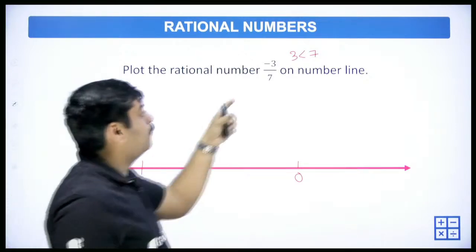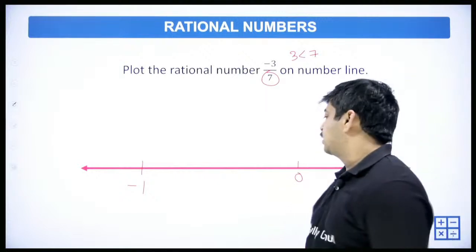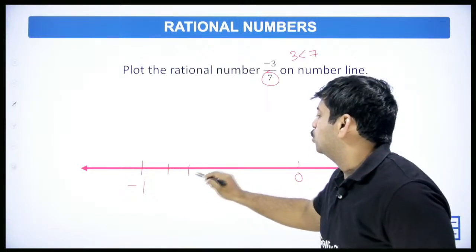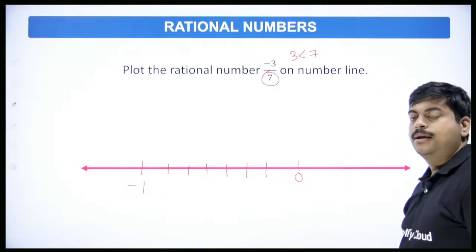Between 0 and minus 1, we need to divide into 7 parts: 1, 2, 3, 4, 5, 6, and this is the 7th part.